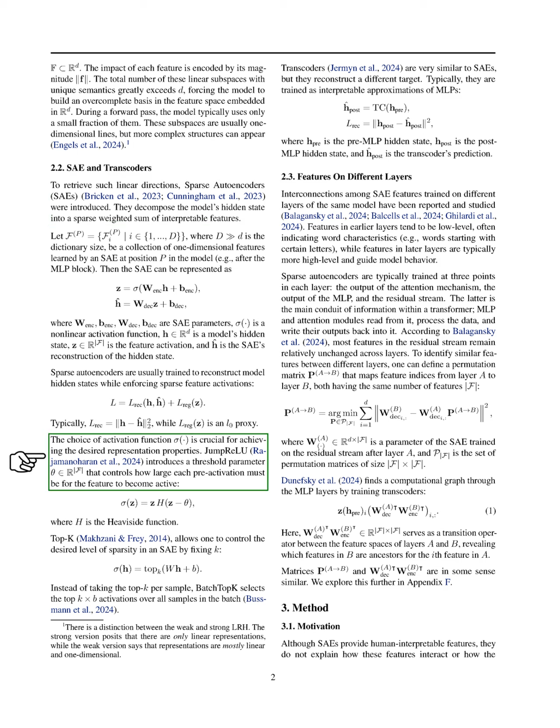The choice of activation function is critical for achieving the desired representation, with options like JumpReLU and TopK allowing us to control the activation thresholds and sparsity levels. Transcoders, which are similar to SAEs, aim to reconstruct different targets and serve as interpretable approximations of MLPs.